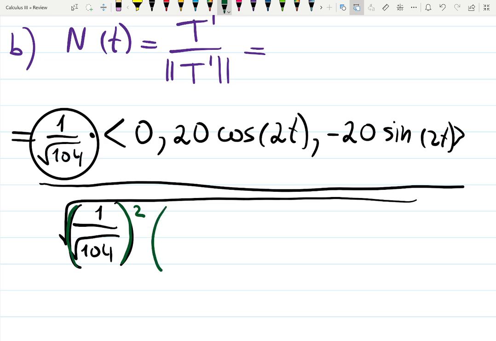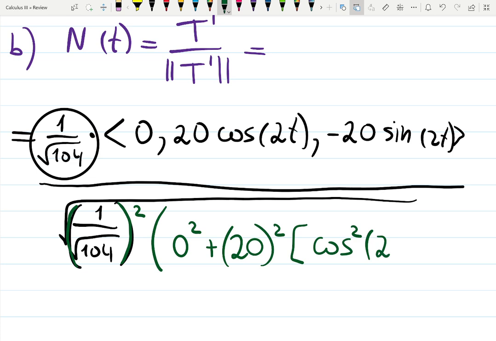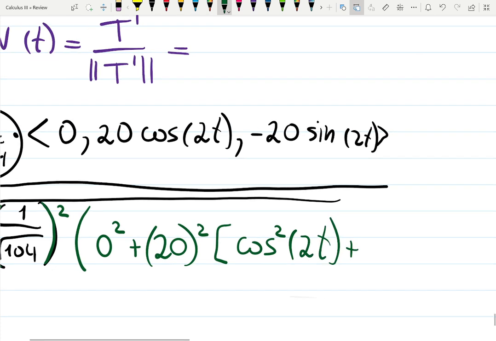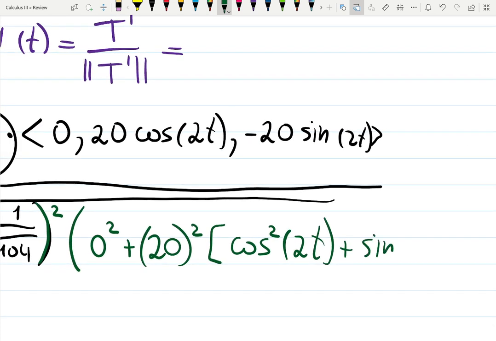And now I'm squaring each component: 0 squared plus, and I already remember that it's handy to factor out 20 squared. 20 minus 20 will still be 20 squared. When I factor it out, I will have cosine squared of 2t plus sine squared of 2t. Again, it's the same idea we did before several times already.